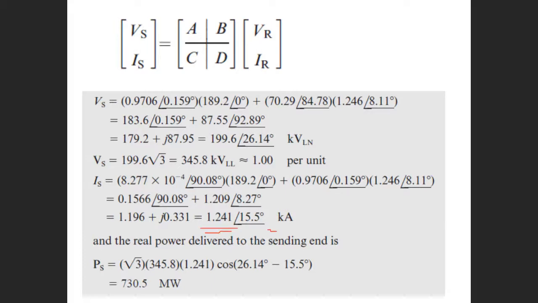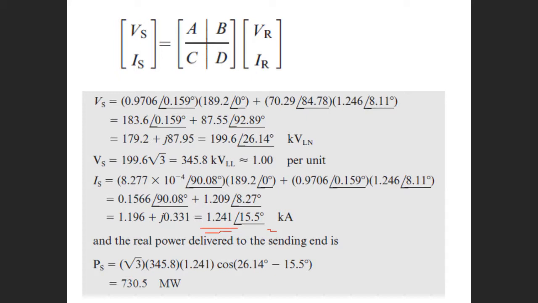Why? Because we have shunt admittance. If we have just a short transmission line, so there is no shunt admittance, then IS equals IR. But because we have Y, the shunt admittance, then the sending end will be different than the receiving end.